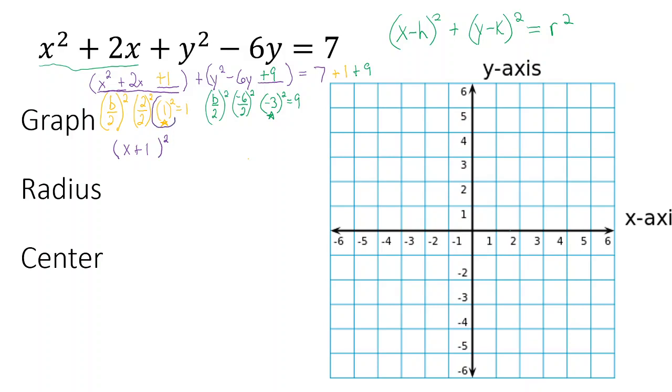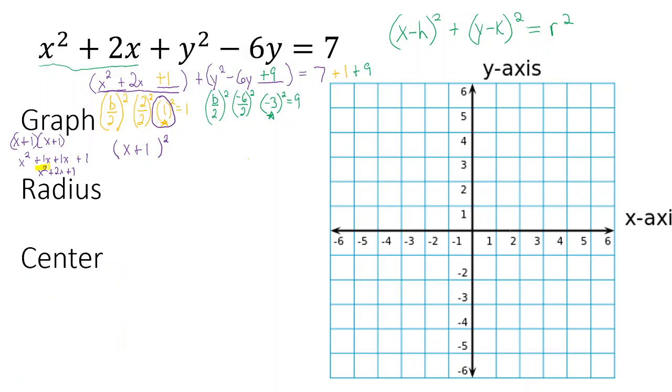Well, there's two reasons. One is I starred it right there, and I always star that value so that I can bring it into my completed square. But think about what x plus 1 times x plus 1 is. If I were to FOIL that out, I get x squared plus 1x plus 1x plus 1, or x squared plus 2x plus 1.